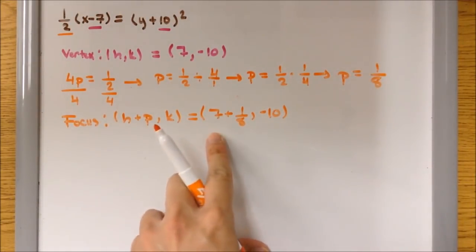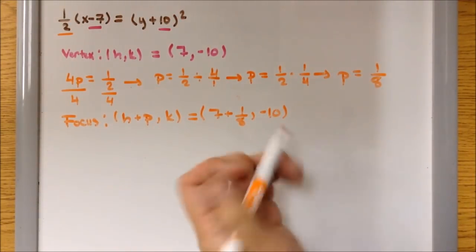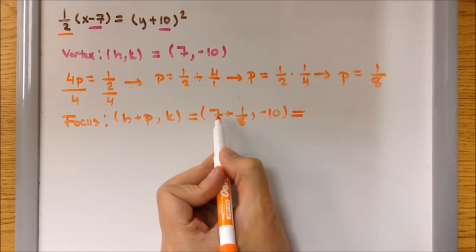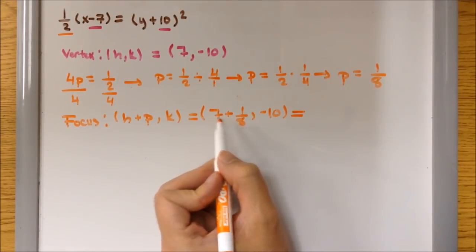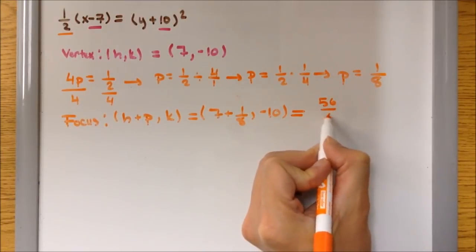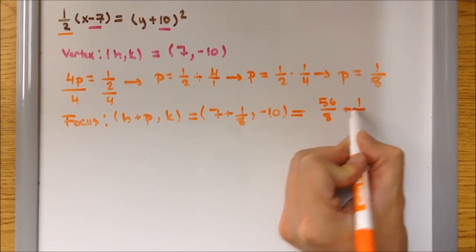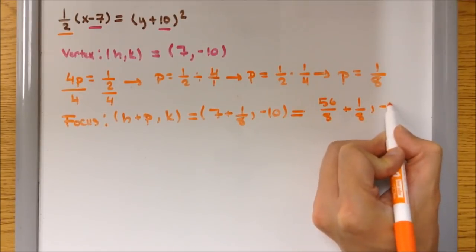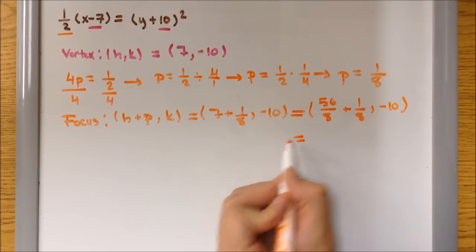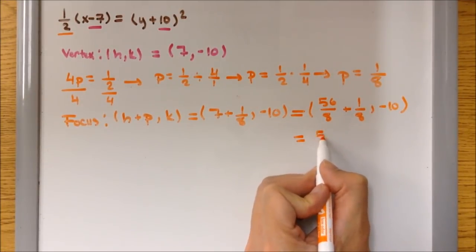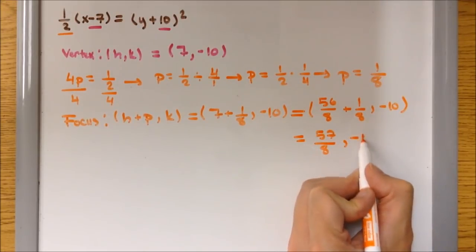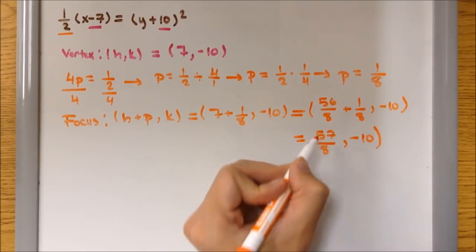Since we have a whole number plus a fraction, I'm going to change 7 into a fraction with a common denominator of 8. So that will be 56 over 8 plus 1 over 8, comma, negative 10. Therefore, our focus will be 57 over 8, comma, negative 10. So that will be our focus.